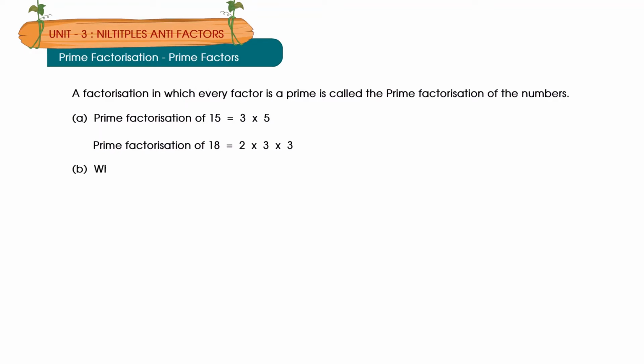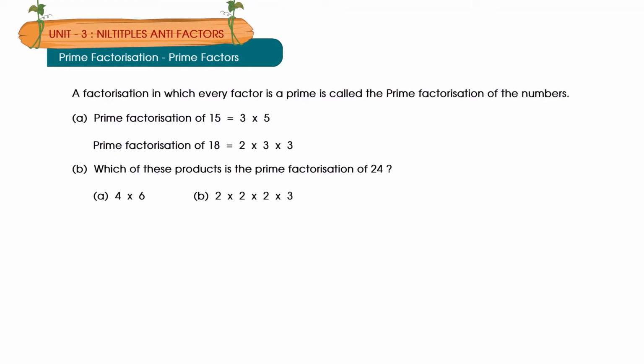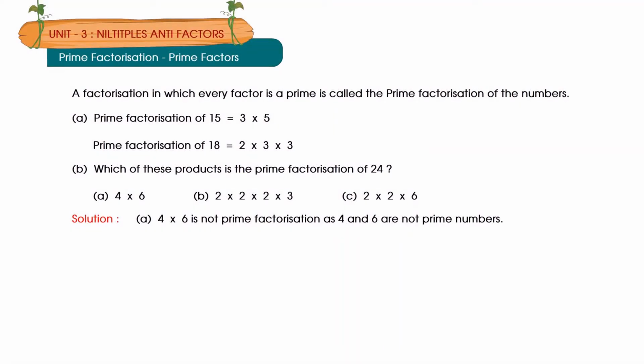B) Which of these products is the prime factorization of 24? A. 4 into 6. B. 2 into 2 into 2 into 3. C. 2 into 2 into 6. Solution: A. 4 into 6 is not prime factorization as 4 and 6 are not prime numbers.